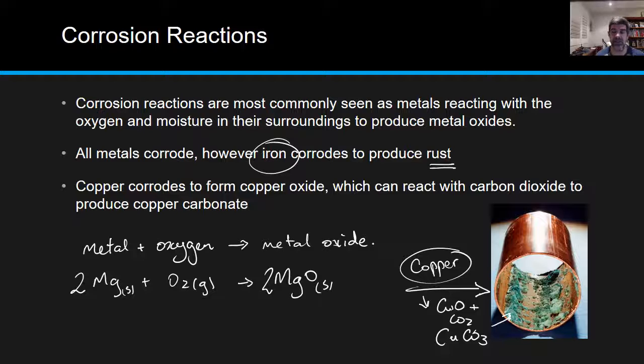And so the discoloration on the outside actually protects the metal on the inside from any further corrosion. The problem with iron is iron oxide does not do that. Once rust starts in iron, it continues to eat away until the iron is pretty much completely destroyed. And that's why rust is such a big problem.